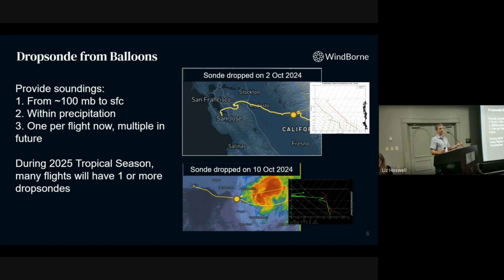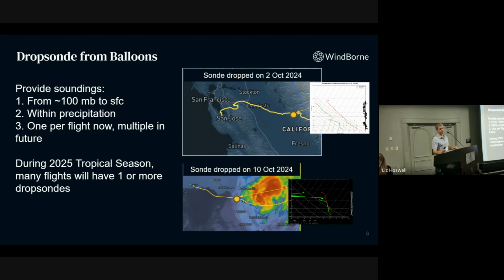For example, in precipitation, we generally avoid flying the balloon into precipitation because the extra weight from the precipitation can force the balloon towards lower levels and either decrease the life of the balloon or sometimes even force a landing of the balloon. And we recently did drop into precipitation in Hurricane Milton with one sonde.